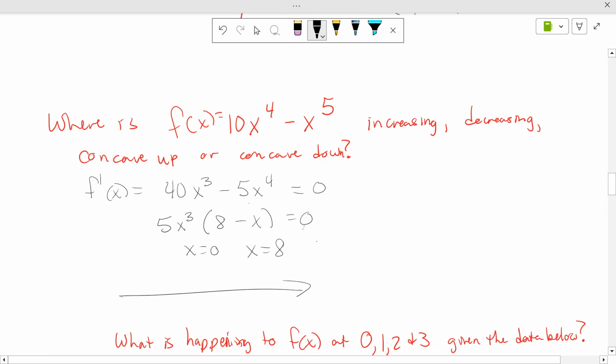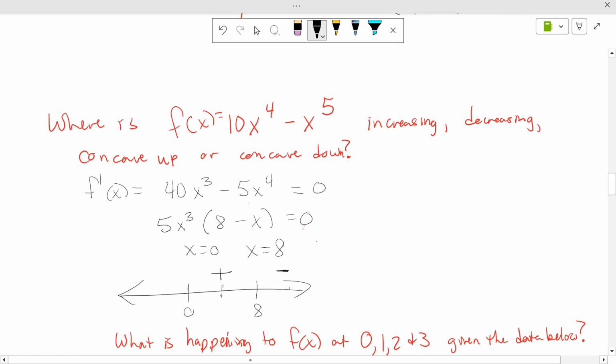So on our number line, we've got a 0, we've got an 8. Let's grab 4 here. If we set 4 in here, we get a positive here and a positive here, so it's positive. If we grab 10, we get a positive here and a negative here, so it's negative.